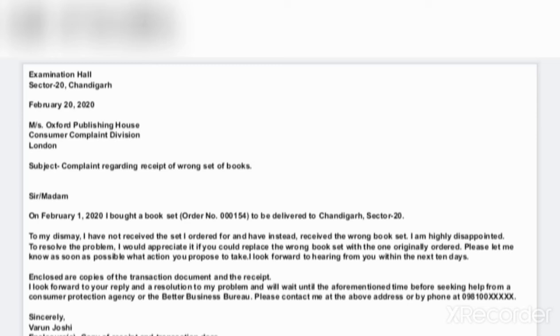On February 1st, 2020, I bought a book set, order number this, to be delivered to Chandigarh Sector 20. To my dismay, I have not received the set I ordered for and have instead received the wrong book set. I am highly disappointed.